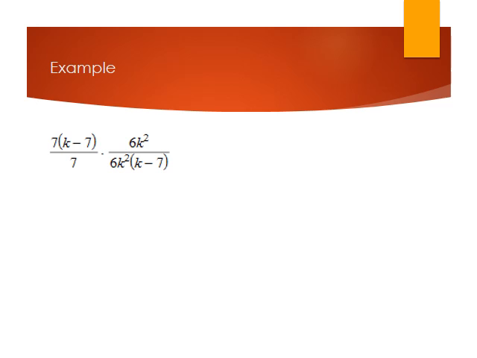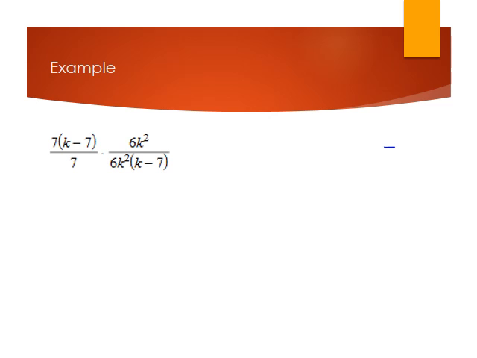So everything here is already factored, and if I were to look at excluded values, 6k squared can't equal 0, so k squared can't equal 0, and k can't be 0. And then k minus 7, if that can't equal 0, k can't be 7.